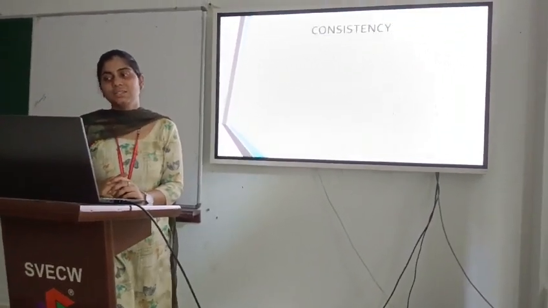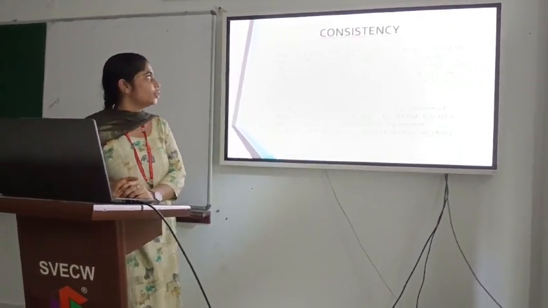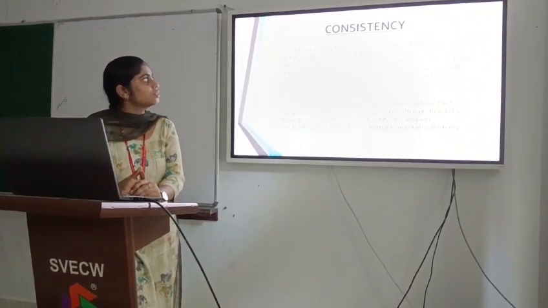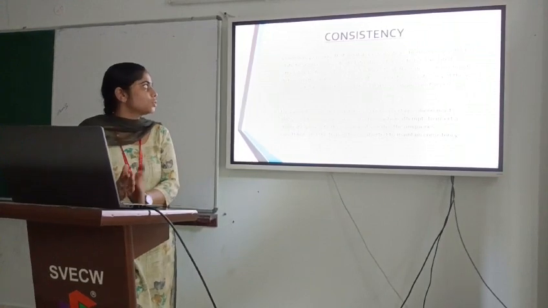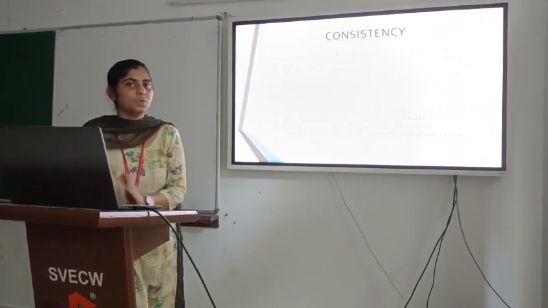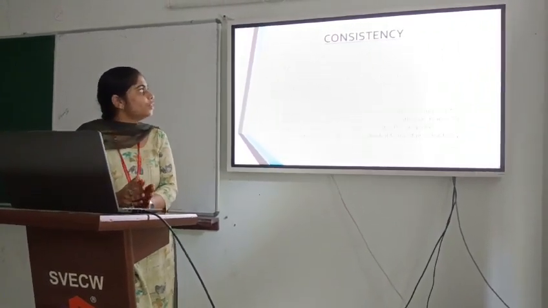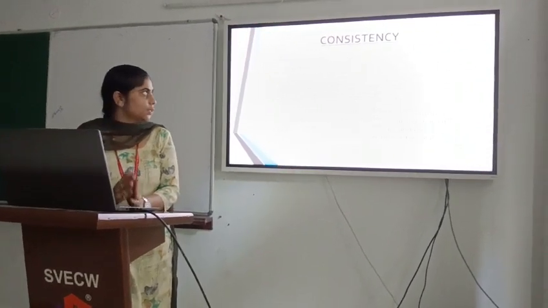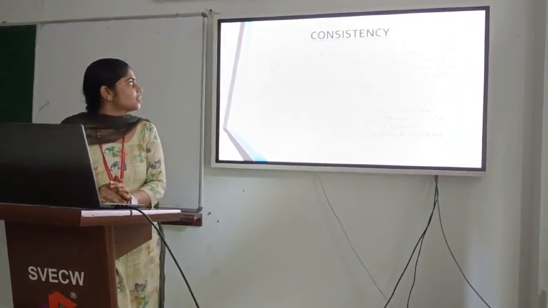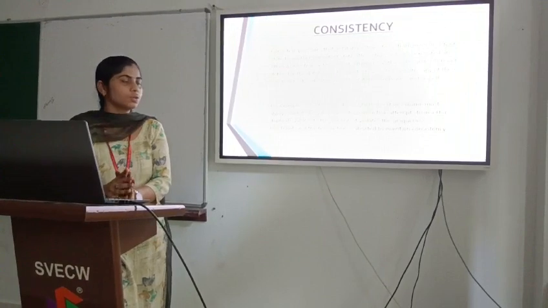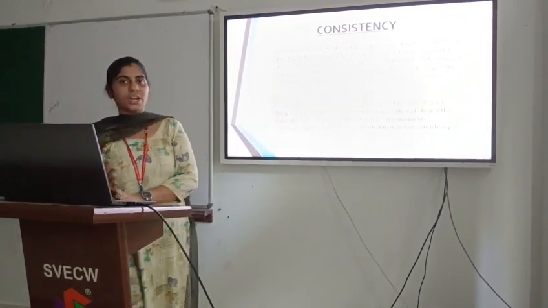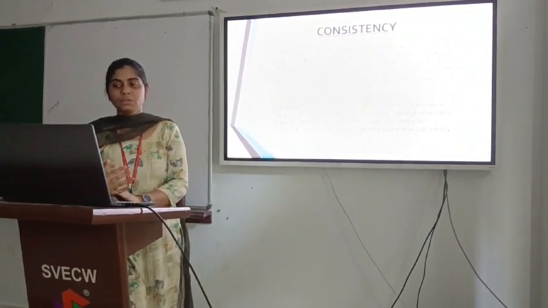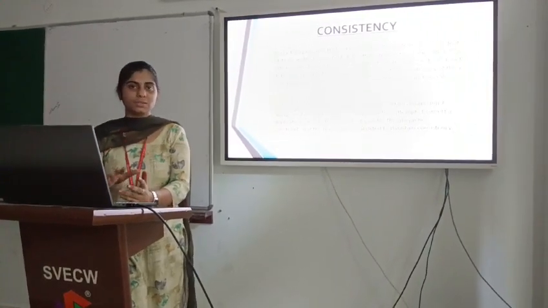The next one is consistency. Consistency ensures that a database transitions from one consistent state to another consistent state. In other words, a transaction must adhere to all the rules and constraints defined by the database schema. The schema defines the overall database structure, right?